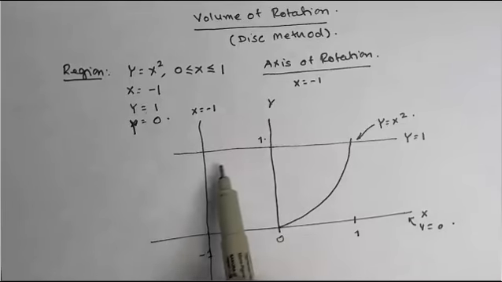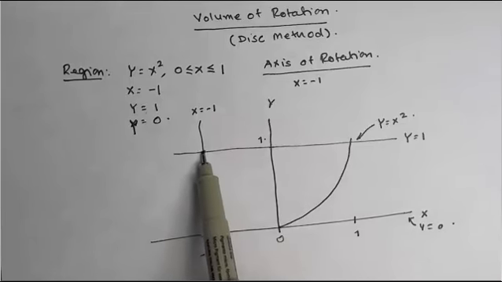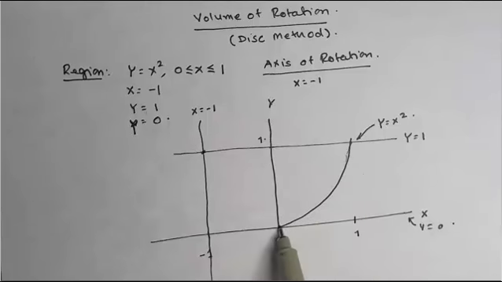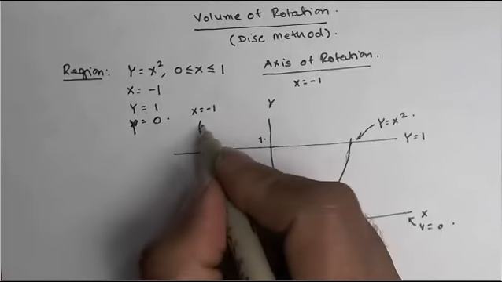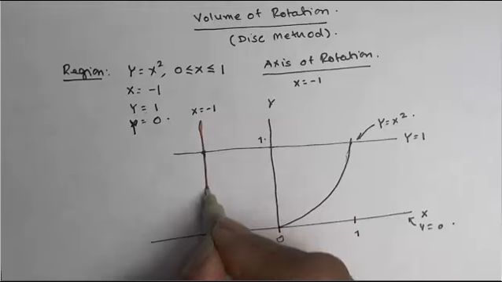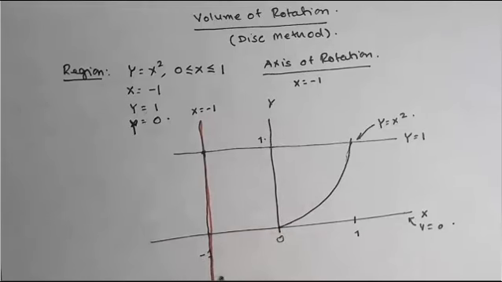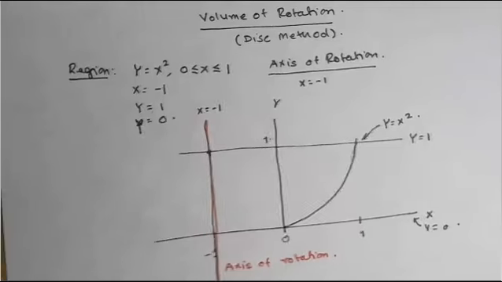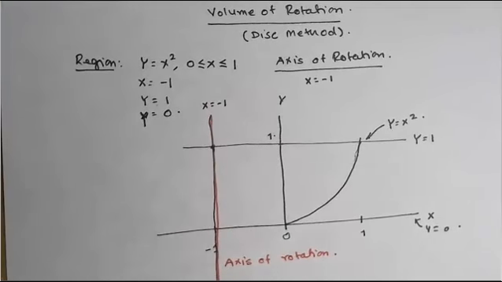Okay, so the region we are interested in is from here all the way out to here, down to here, back and back up here. So that's the region we are going to rotate. The axis of rotation, which I'm going to draw in red, is also x equal to minus 1. So this is the axis of rotation, and so now I have to rotate this entire region around this axis.